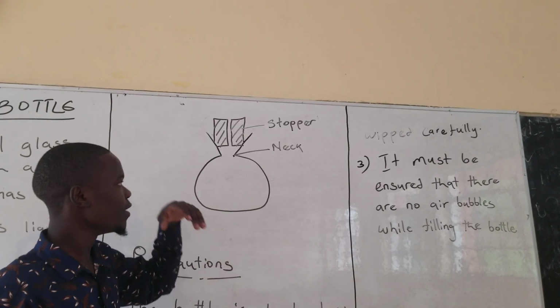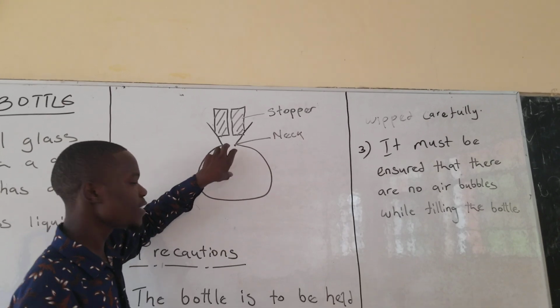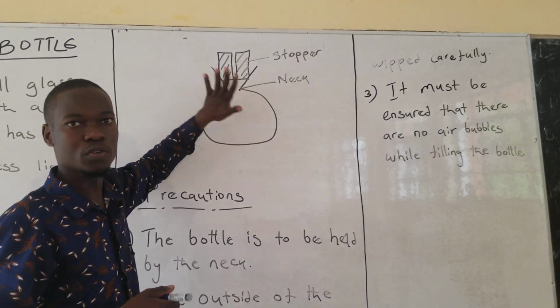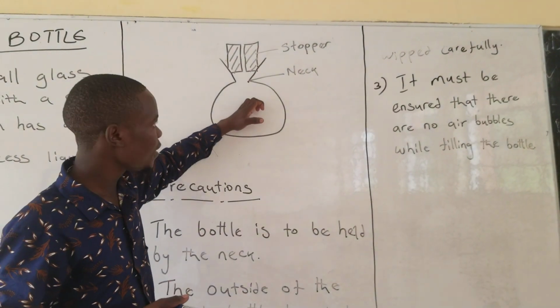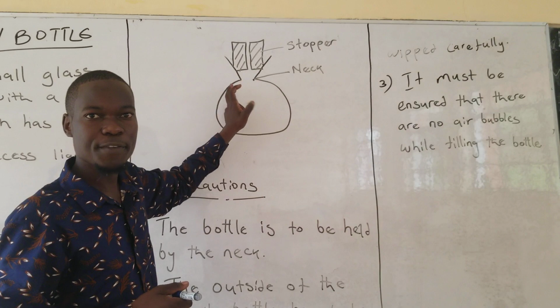Why are we trying to exclude the air bubbles? Remember, if you fill this density bottle with a liquid, it's the density of that liquid that you want to determine. And if you leave the air bubbles inside, it will interfere with the mass.